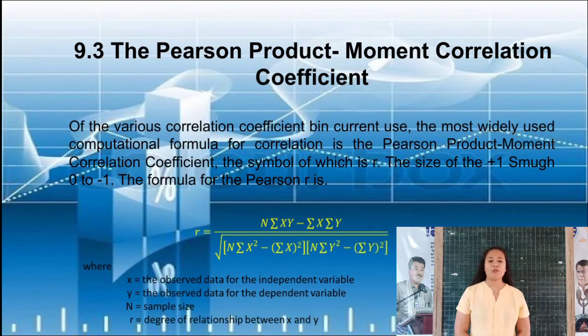Where x is the observed data for the independent variable, y is the observed data for the dependent variable, n represents the sample size, and r is the degree of relationship between x and y.